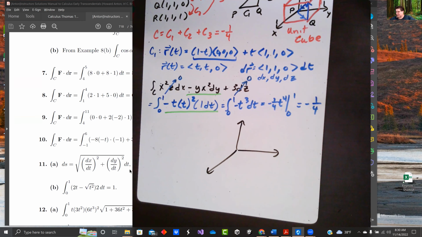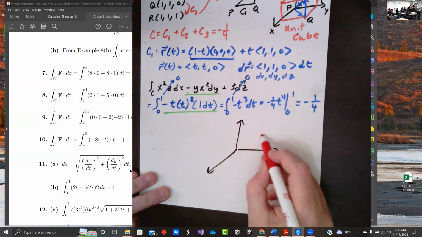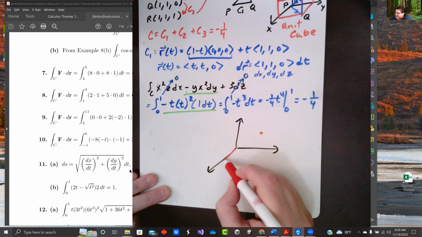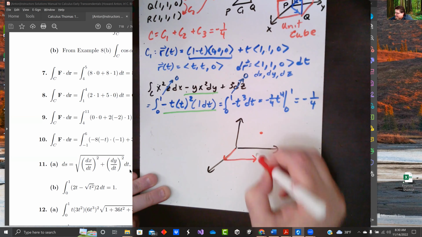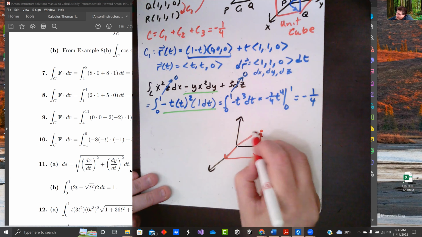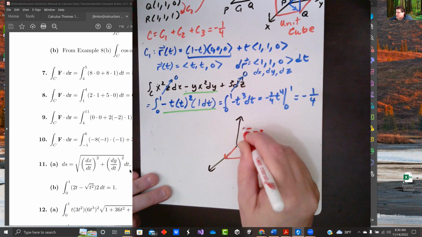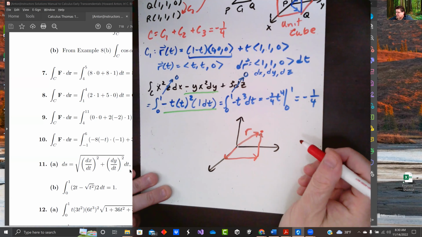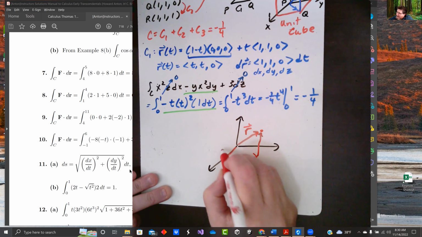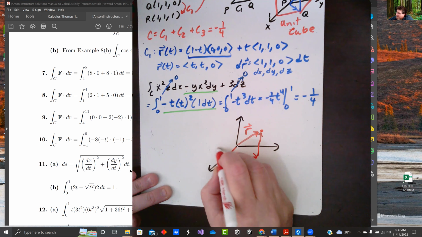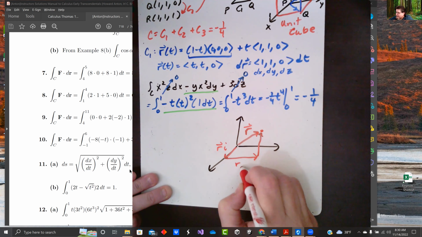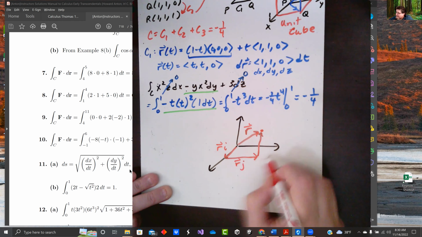I've got some point over here, and we're going along an X length, a Y length, and a Z length to get to it. So this is R. That's the R vector. This is the I component of R. This is the J component. And that's the K component.